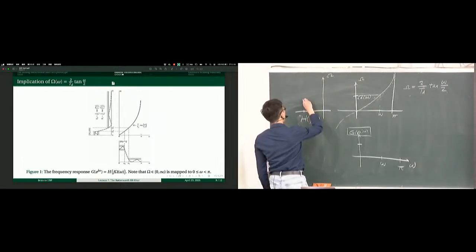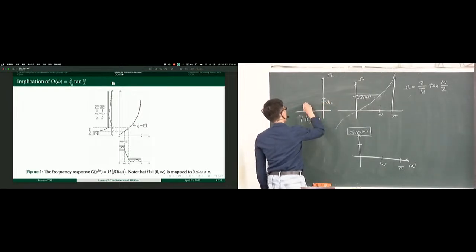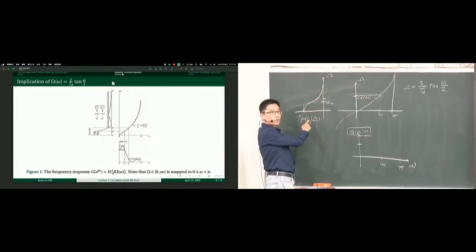If our prototype is Butterworth, then let's say the Butterworth has a corner frequency right here, and it's almost flat, and then it reduces to 1 over square root of 2, and it drops like that, right? So that becomes our prototype.